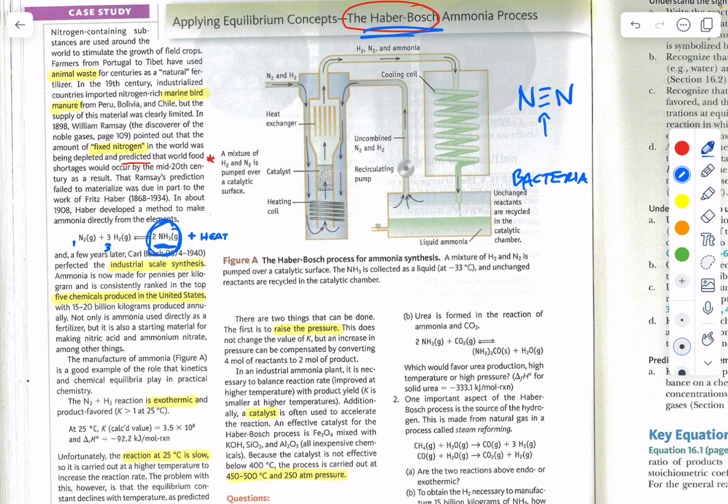So we have a total of 4 moles on the left and 2 on the right. So if we can increase the pressure, the reaction will go in the direction to try to decrease the pressure. So we greatly increase the pressure in this container right here to force the reaction to go to the right.